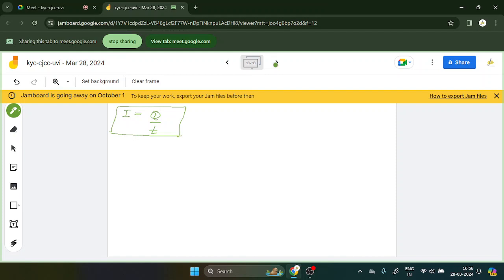So the rate of flow of charge across a conductor is called current.